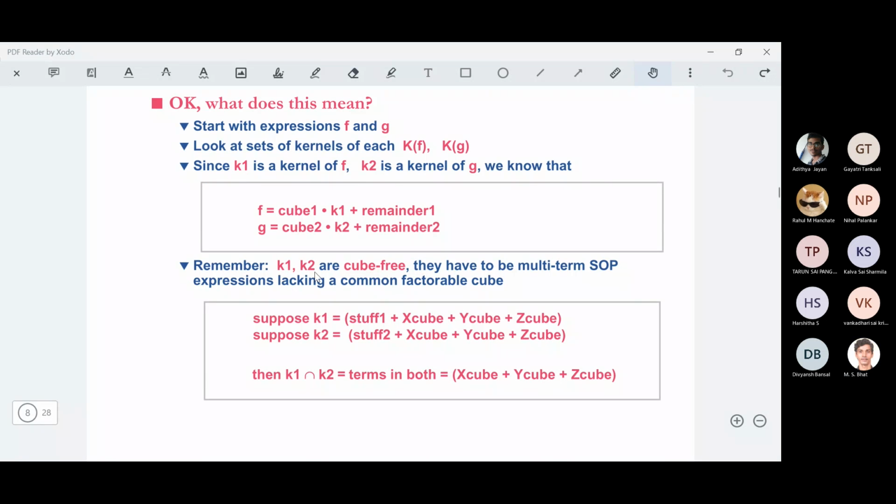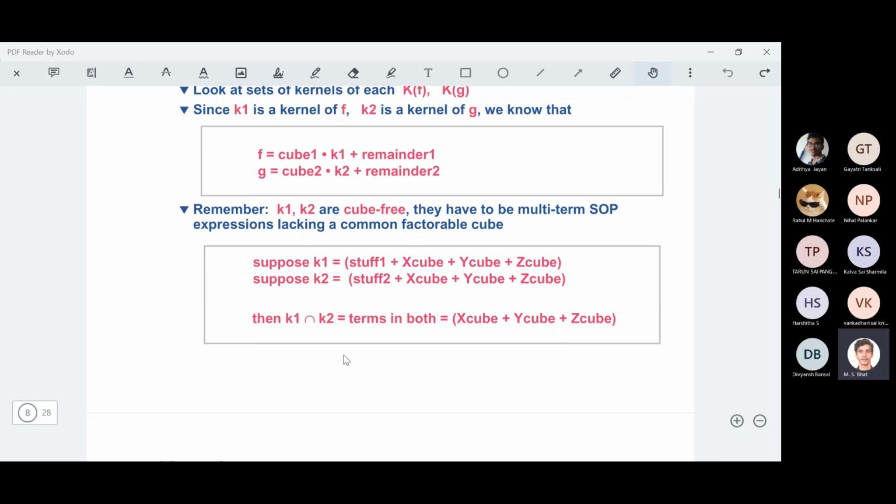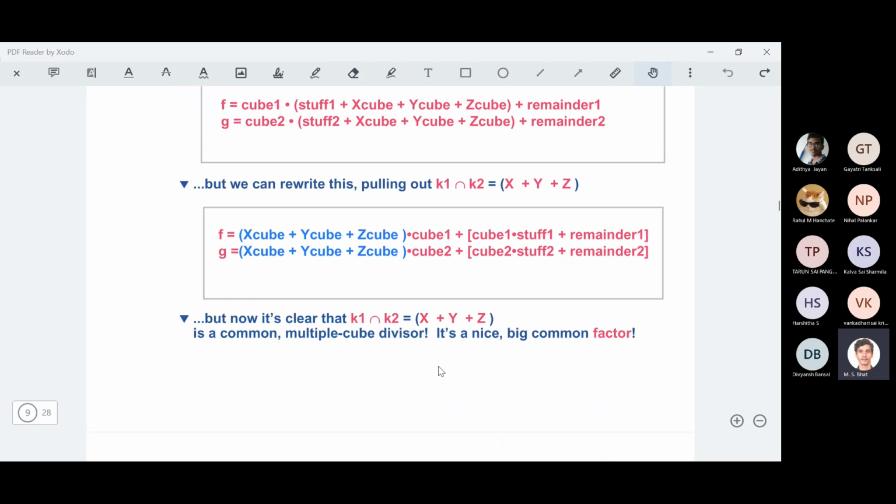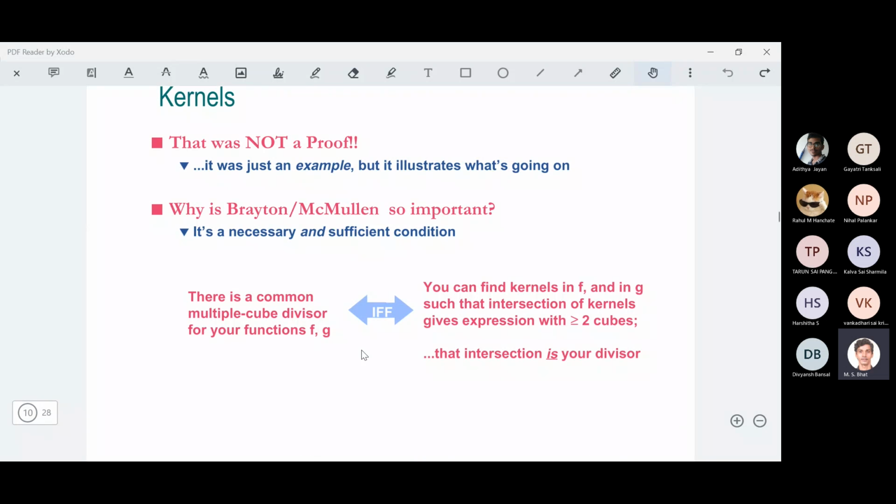Then k1 and k2 are cube free, and I can write k1 as stuff 1 + x + y + z, and k2 as stuff 2 + x + y + z. The intersection of k1 and k2 gives you x + y + z, which is the common set of cubes in f and g, so I can extract this from f and g.